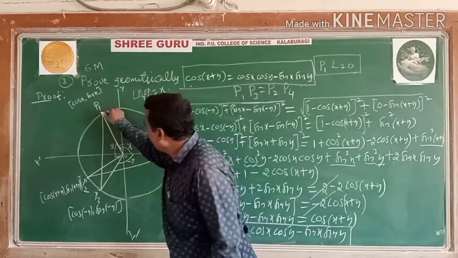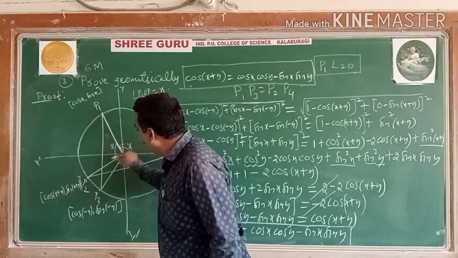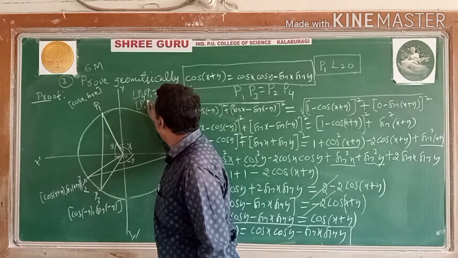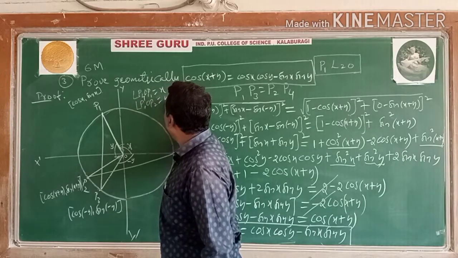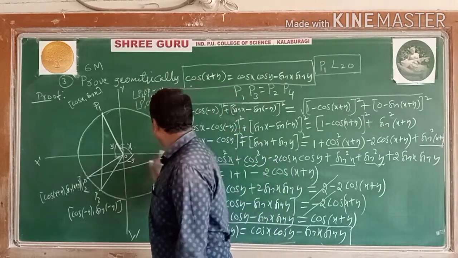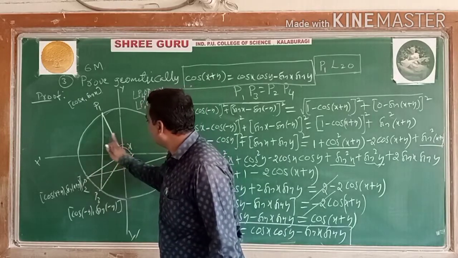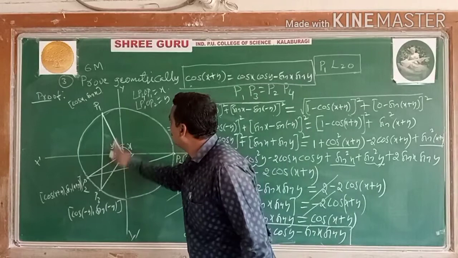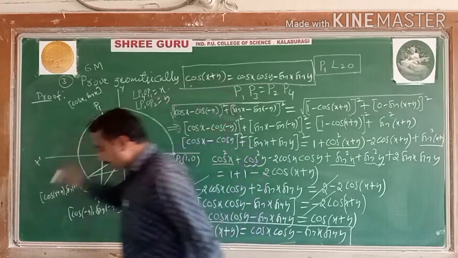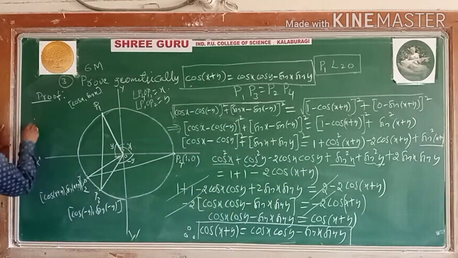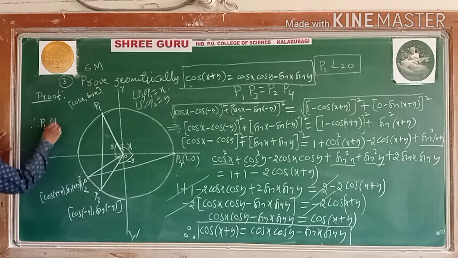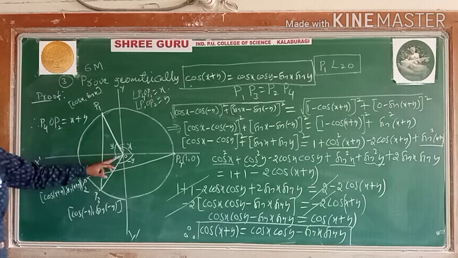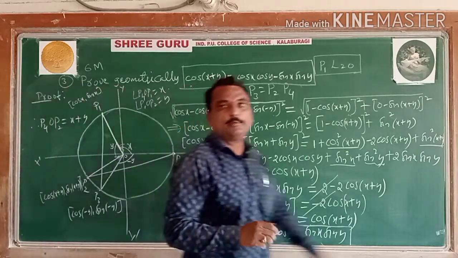Further, angle P1 O P2 is equal to y. Therefore, angle P4 O P2 becomes x plus y.